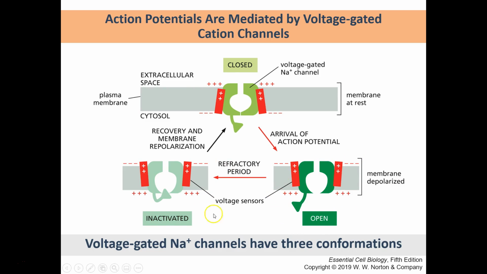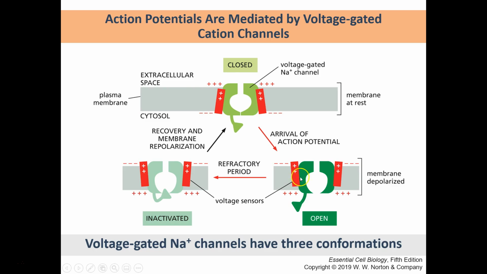And then there's going to be a refractory period in between where the channel can no longer be activated again until it recovers from that action potential. So it's in this refractory period where it's inactivated. Once the membrane recovers its typical repolarization state, the way it is typically found, it will go back to the normal closed conformation and the cycle will start again.